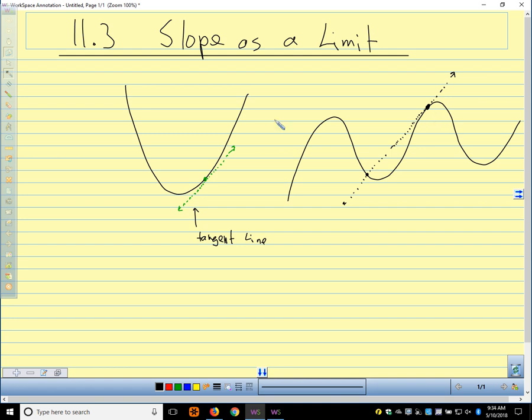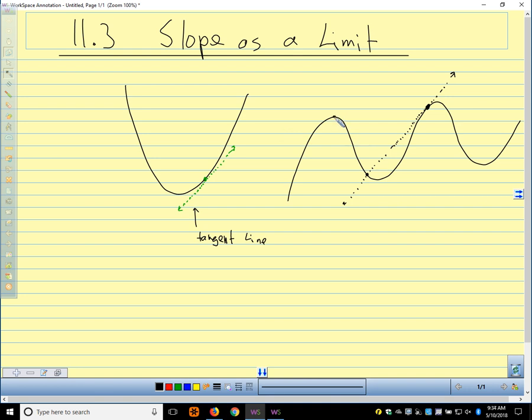Now what would the slope be if we think of this curve describing the position of some particle, a car, something like that? The slope at that point would give us the velocity of the car or the particle or whatever. So that's another reason that's important.